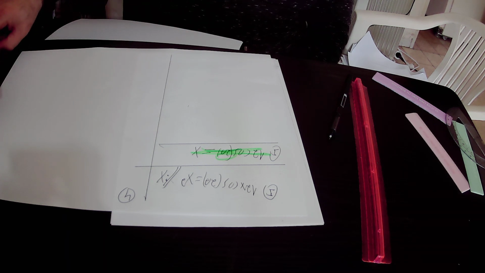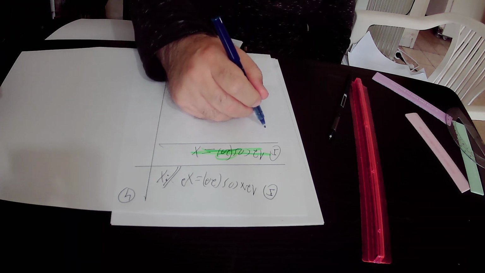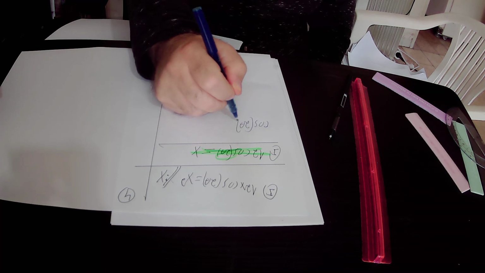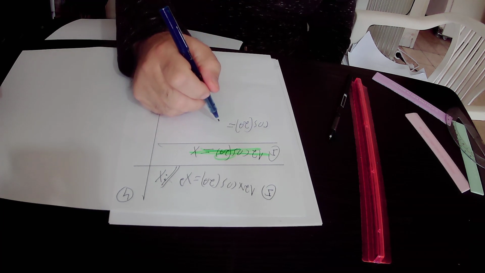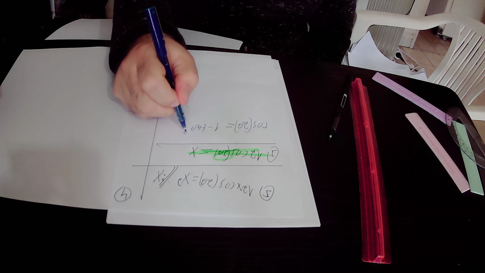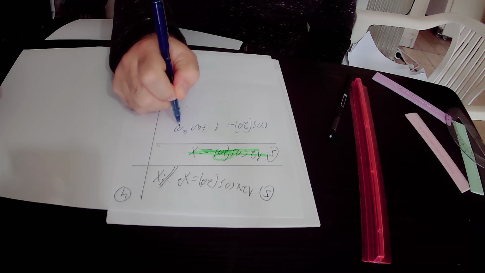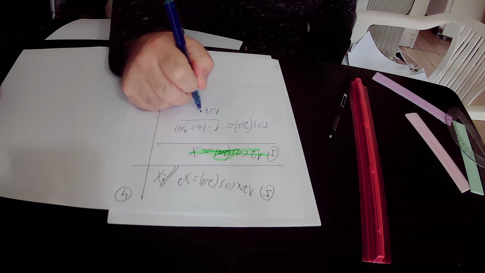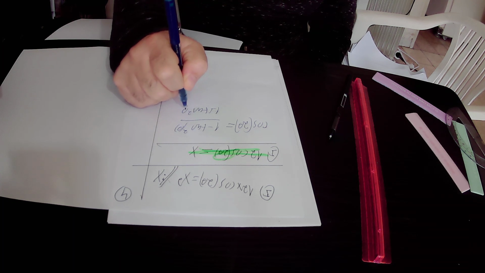According to the following trigonometric identity, cosine 2 theta equals 1 minus tangent square theta over 1 plus tangent square theta.